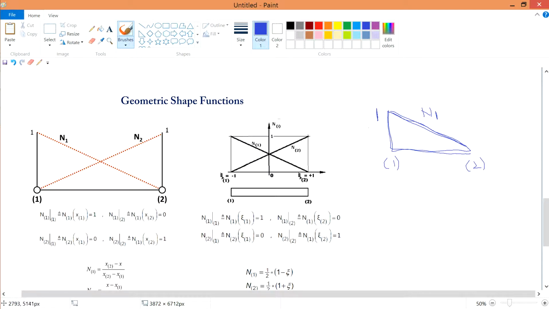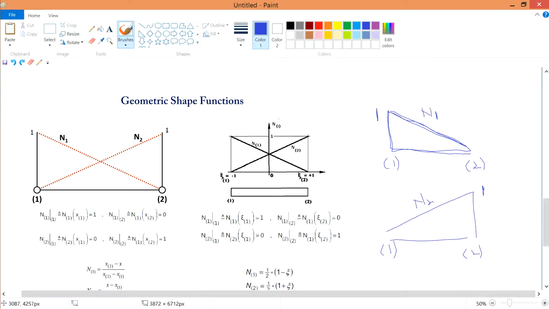However, you have N2, and at node 2 it is 1. So this tells us that there will be a displacement at node 1, and this tells you there will be a displacement at node 2. That's just the meaning of that.